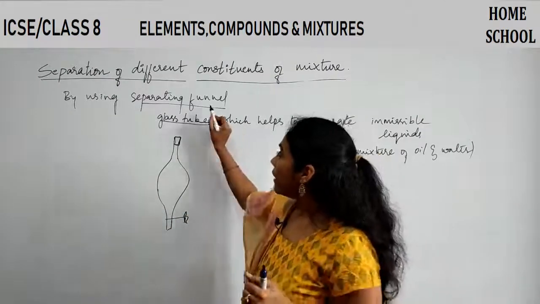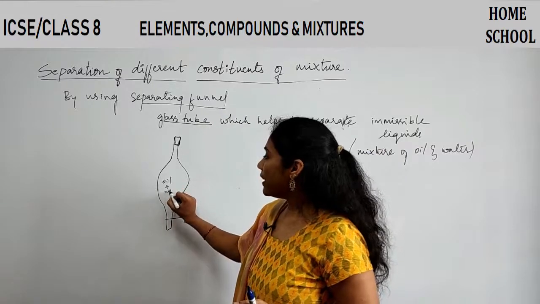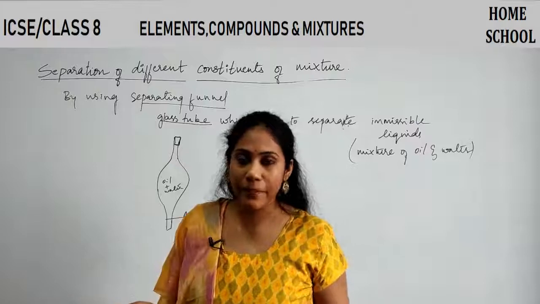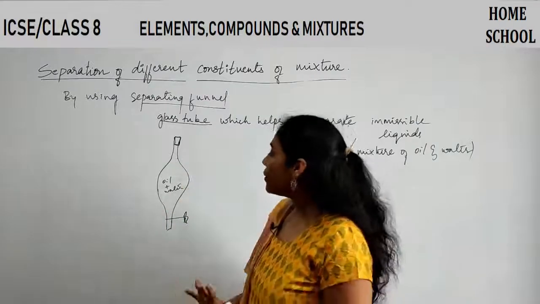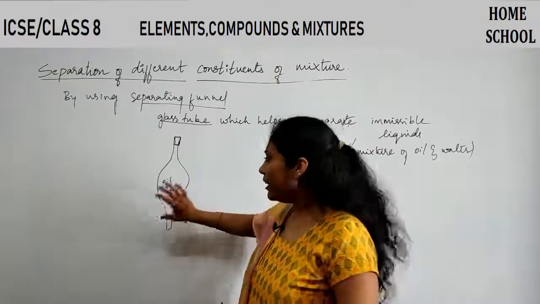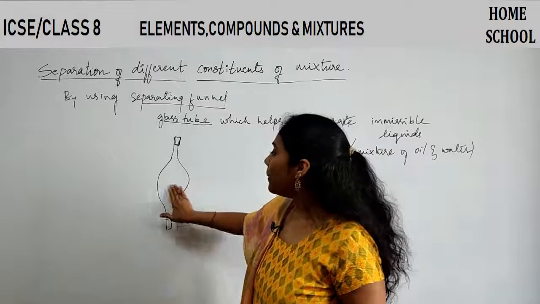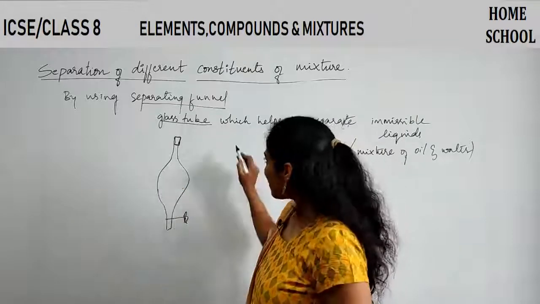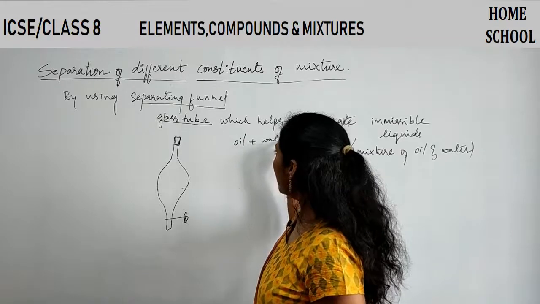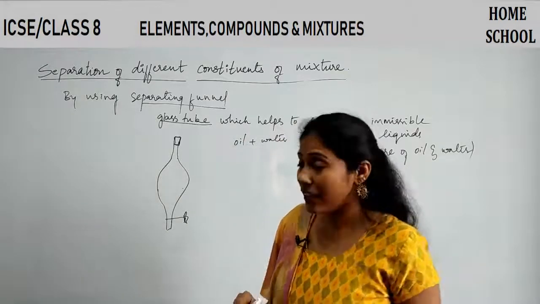Clear? So what we will do is take the oil plus water mixture in this separating funnel. Nicely we will shake it, and we will allow the liquid to stand for some time. We will not disturb the liquid for some time. When you don't disturb, what happens is, just think, among the oil and water, which has more density, which is heavier?